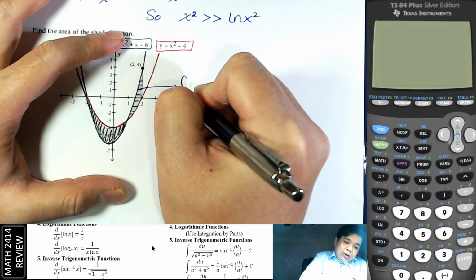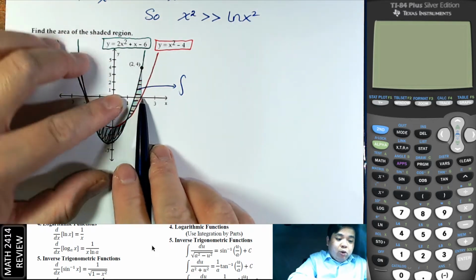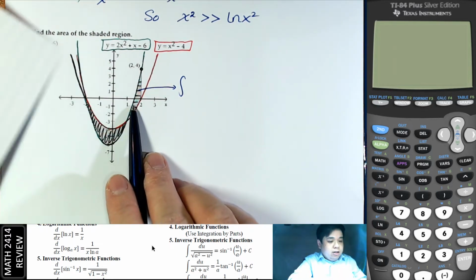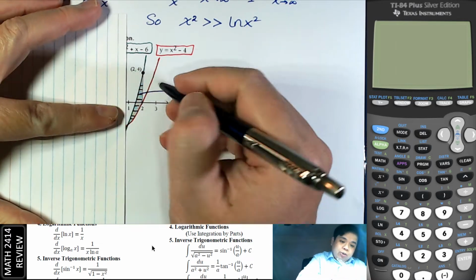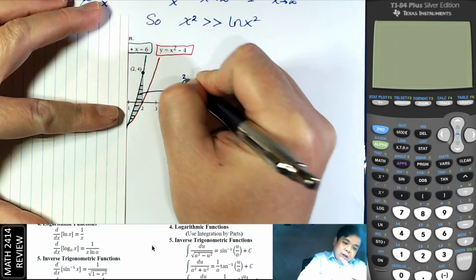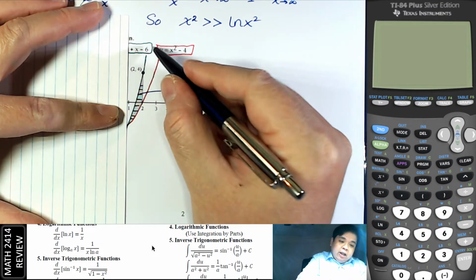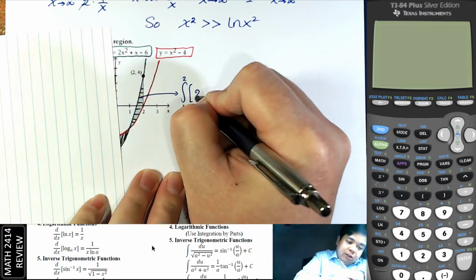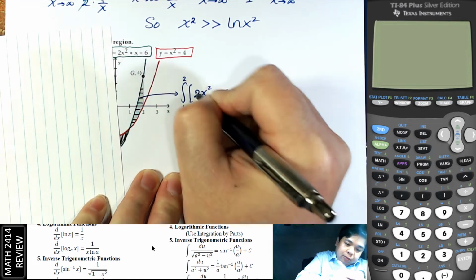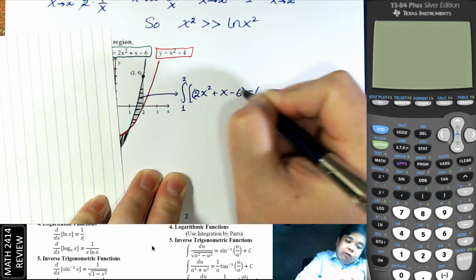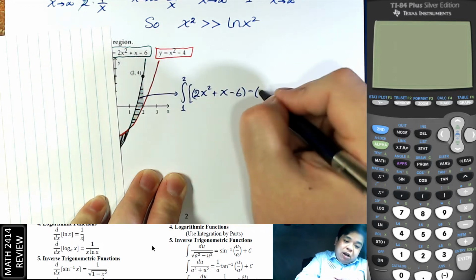Now, for the limit though, from 1 to 2, so that's what we have for this shaded region from 1 to 2. The function above is this function. The function below is x squared minus 4.